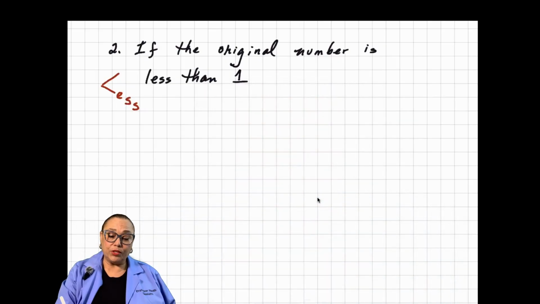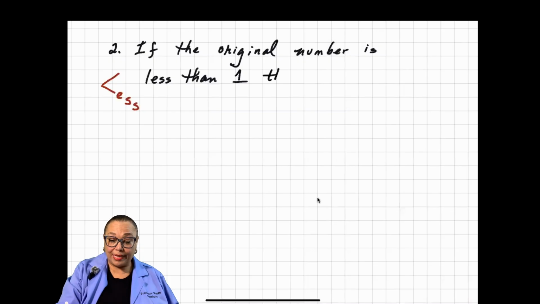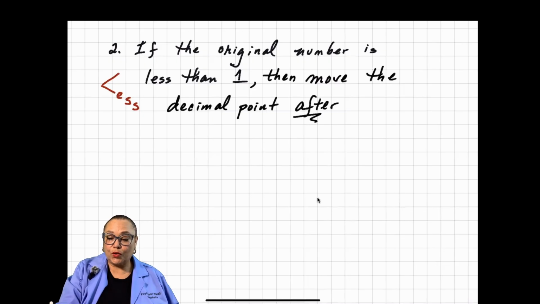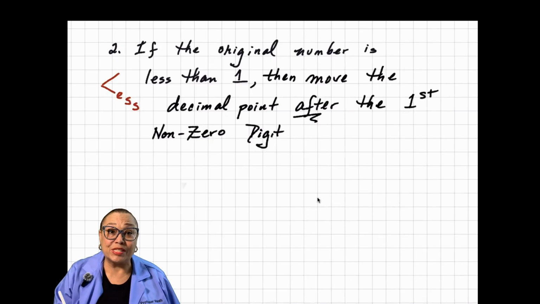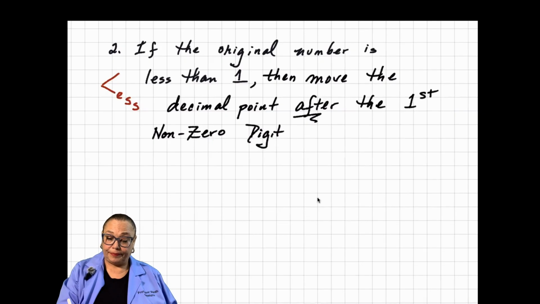So if the original number is less than 1, then again, move the decimal point after the first non-zero digit. But this time, you're going to make it 10 to the minus moves for your power of 10.